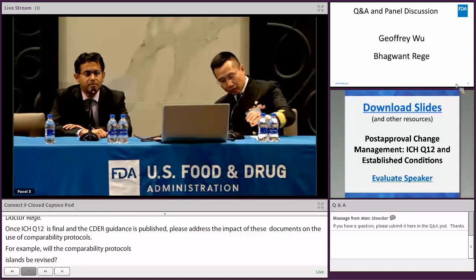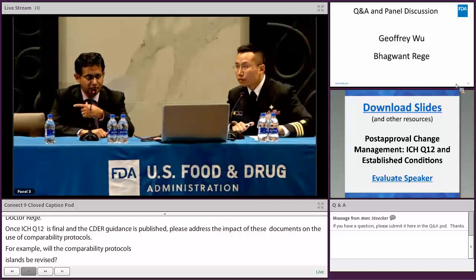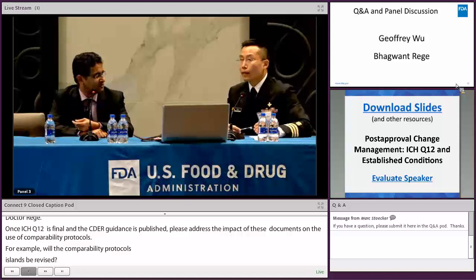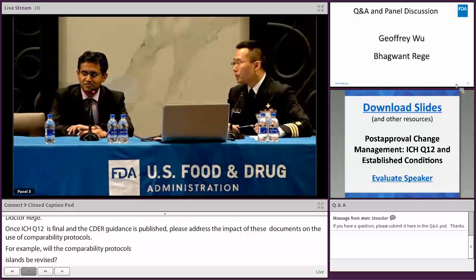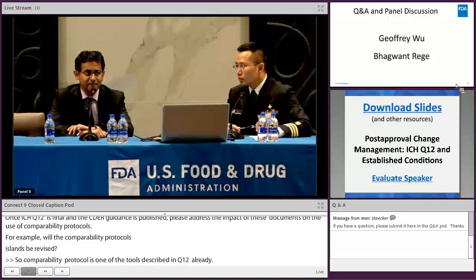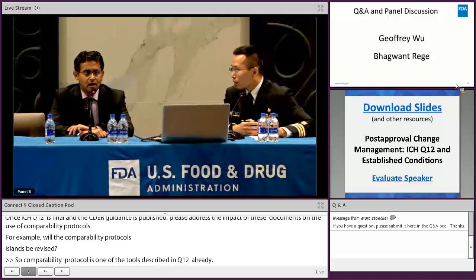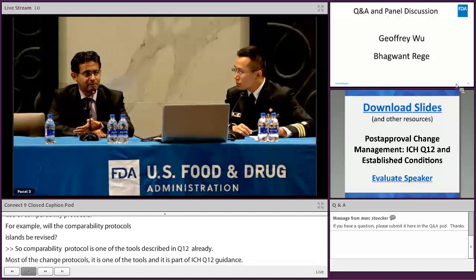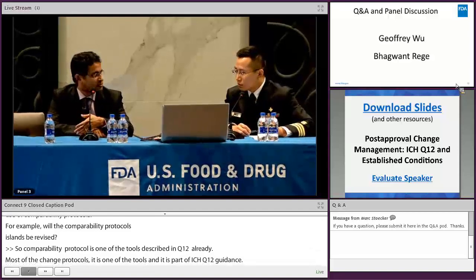So comparability protocol is one of the tools that is described in Q12 already. It's called post-approval change management protocol. So it is one of the tools, and it is part of the ICH Q12 guidance. The concepts behind comparability protocols are not going to change substantially.